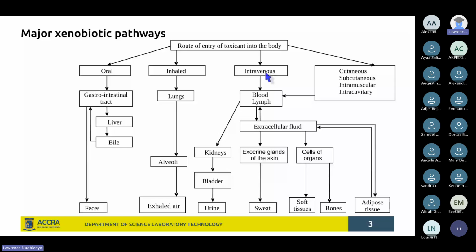Some people, drug addicts, make use of some narcotic drugs through this route of entry as well.